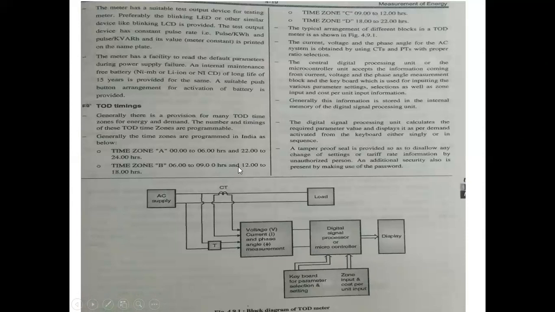After one zone is completed, they will be stored directly in the microcontroller, and the process will be carried out in that microcontroller block. The energy and cost per unit are also displayed on the display. This is your TOD meter. Okay, so thank you.